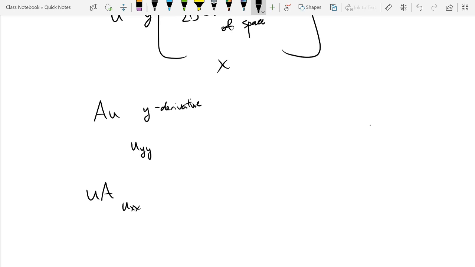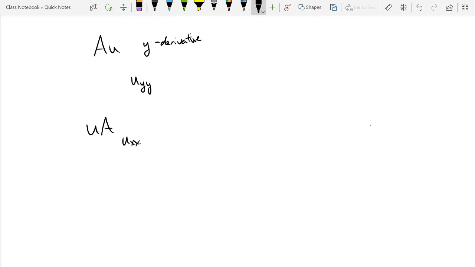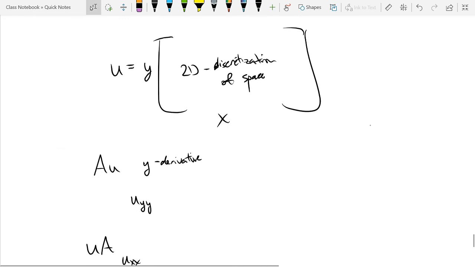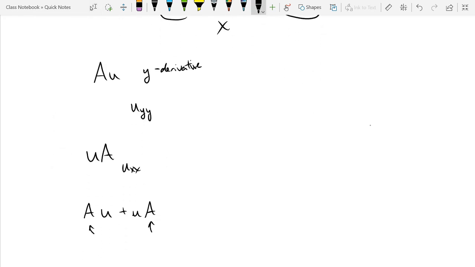And so what you can see is that because of the linearity of derivatives, you can write down these kinds of derivatives as just AU plus UA, or maybe these have a different constant in there for different derivatives or different diffusions, or delta x versus delta y. But in general, this just means that a 2D discretization can be written as either left multiplication or right multiplication by these operators. And so these DiffEq operators, even though they're only defined for 1D, extend to 2D.